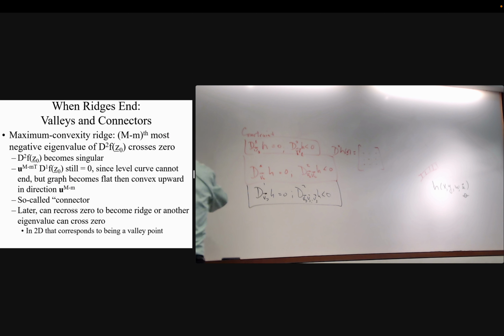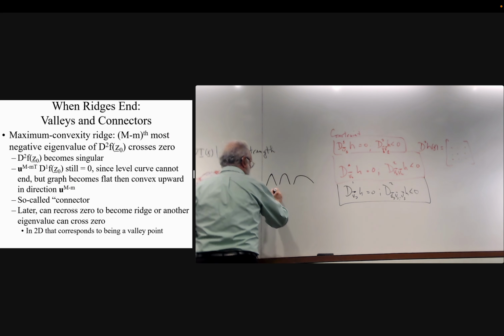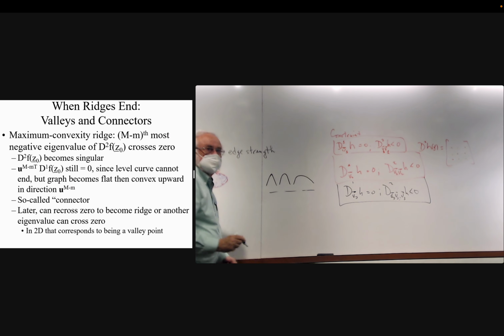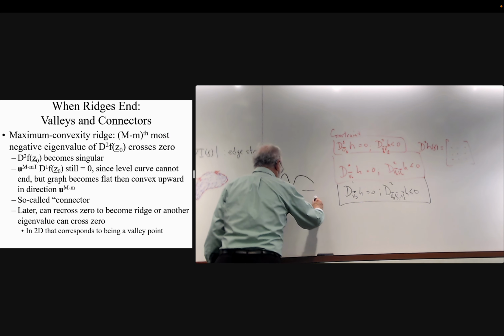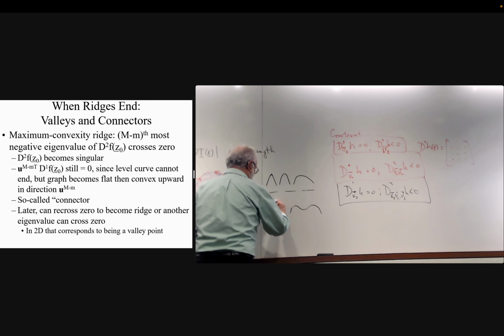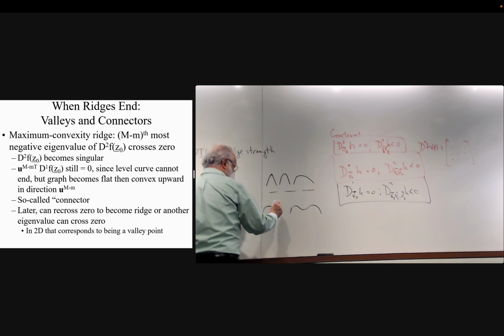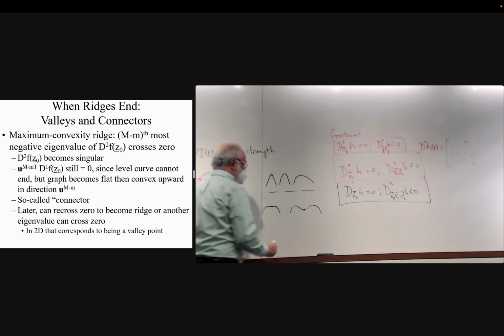So as you walk along the ridge, going across the ridge, it is sharp here, and then it gets less sharp, and then less sharp, and so on, until at some point it flattens out in the cross section. The second derivative becomes 0, and then the second derivative becomes positive.